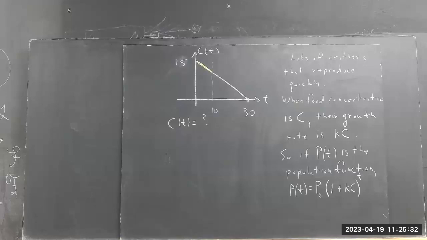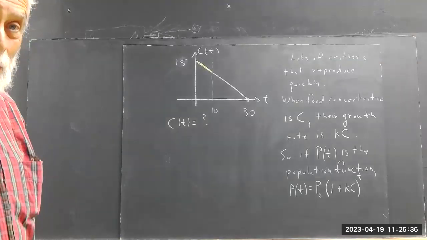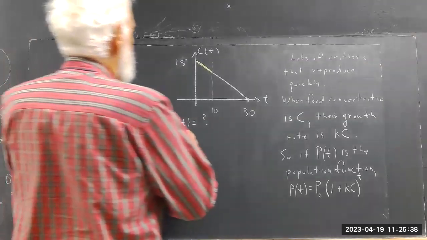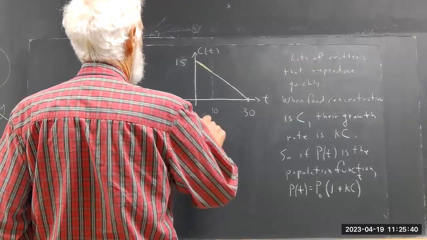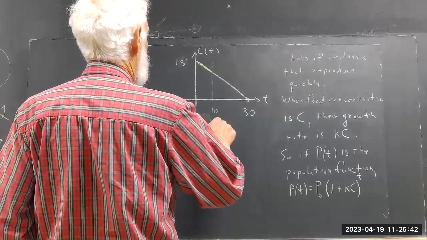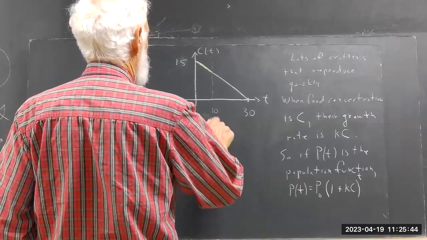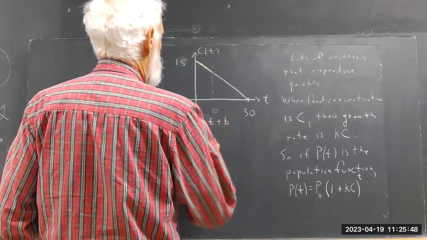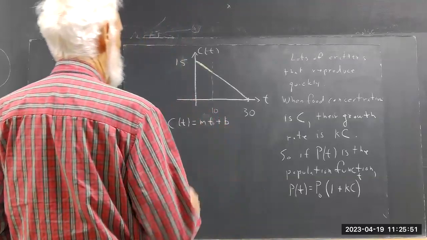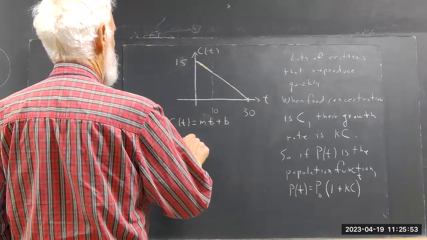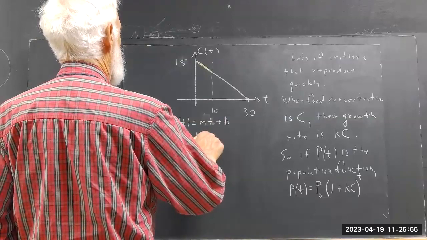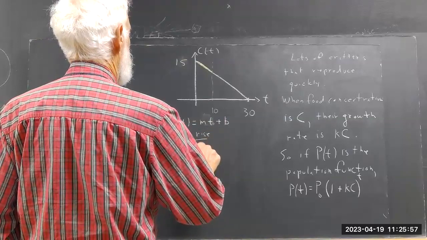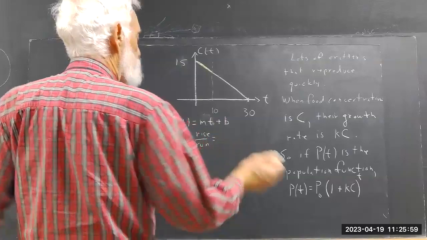Now everybody got that, except for maybe the negative sign in front of the slope. C of T is a straight line, so we could say that's mx plus b, but in this case, our variable is T. So we're going to call that MT plus B. Slope is rise over run.